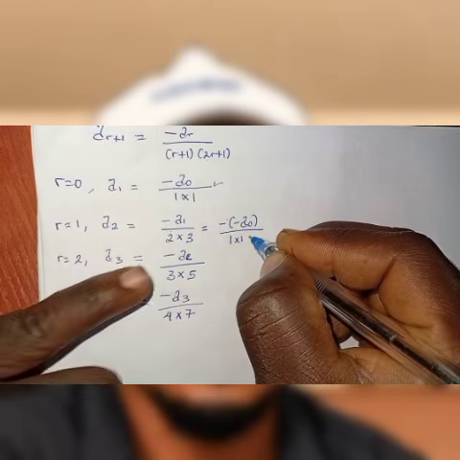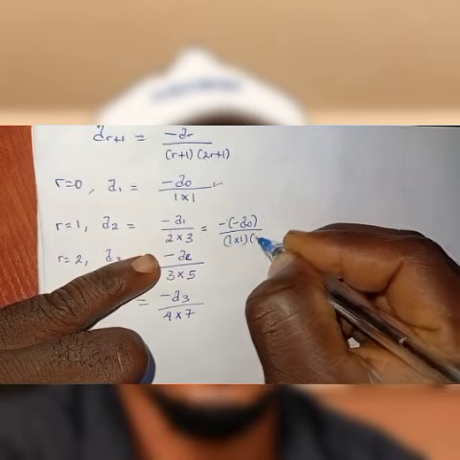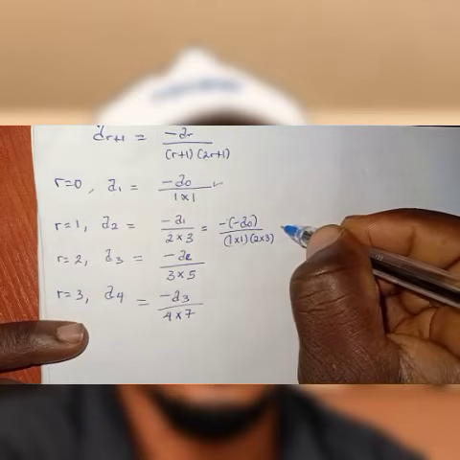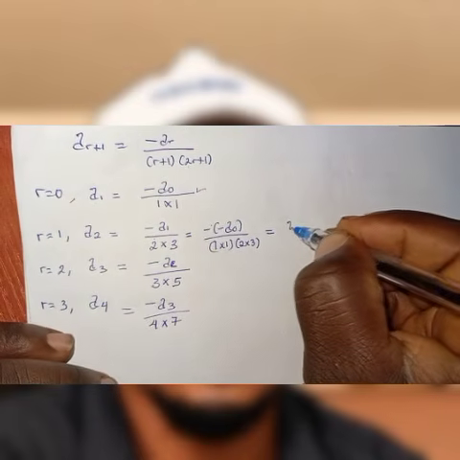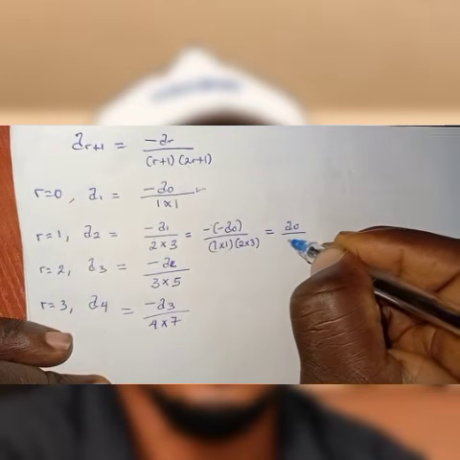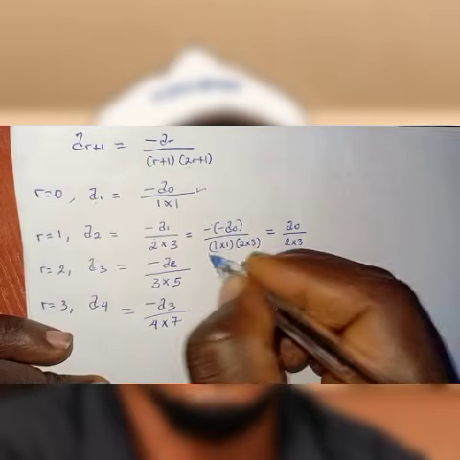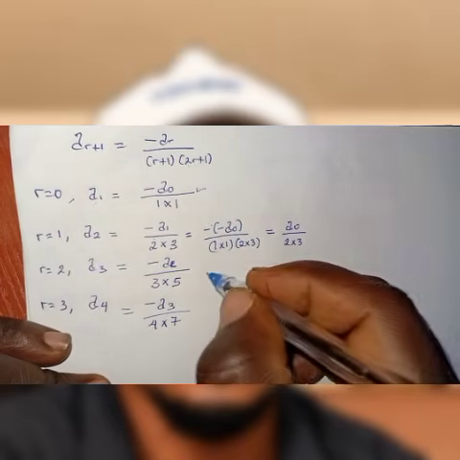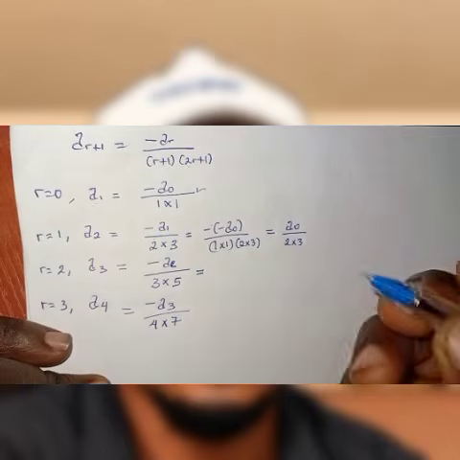Then this one will be 2 times 3, which is the same thing as a naught over 2 times 3. Now this is 1. 1 times 1 is 1. So you can just say it's 2 times 3 to cut the equation short.